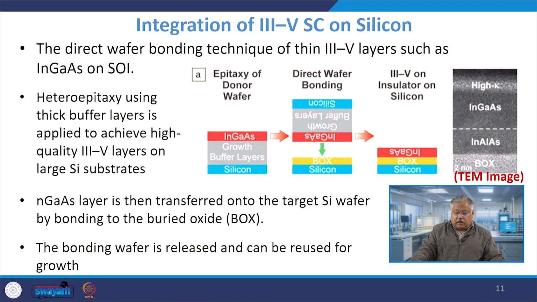Now, this is how you place or integrate a III-V semiconductor on silicon, using the direct wafer bonding technique of a thin III-V layer, for example indium gallium arsenide on SOI.